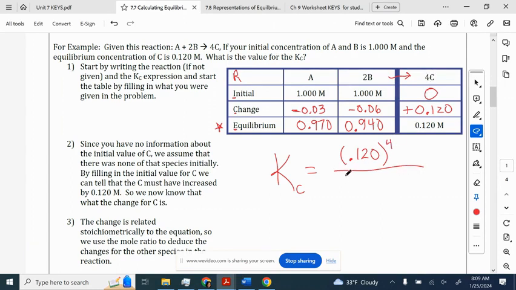And then I'm going to divide that by 970 times 940 squared. Right. We have to square this value because of that coefficient there. Okay. So see if you can get that math to come out on your calculator.